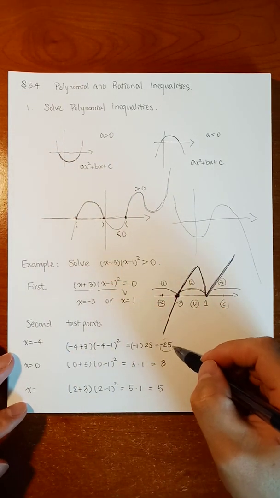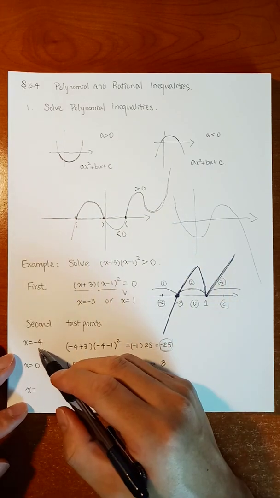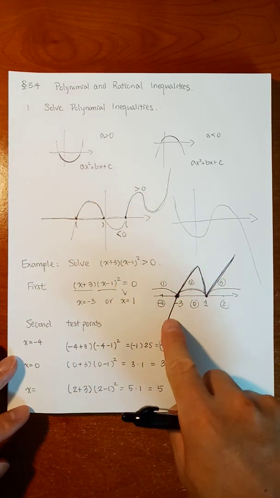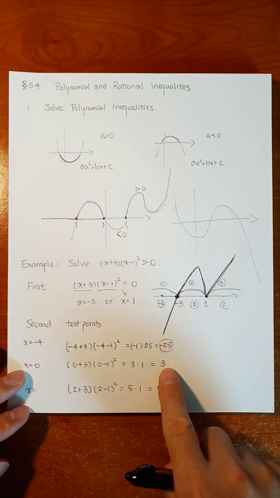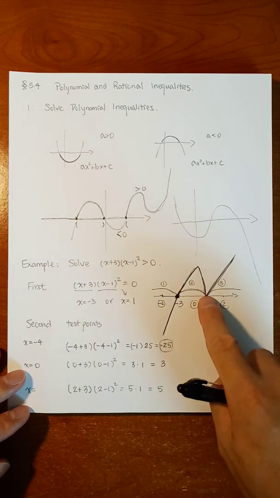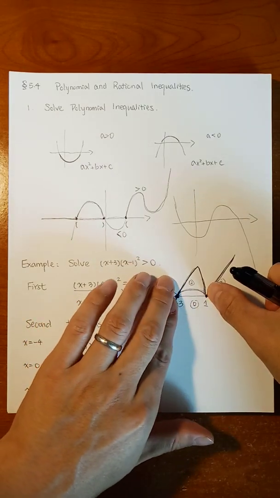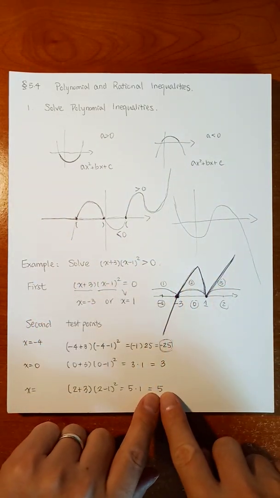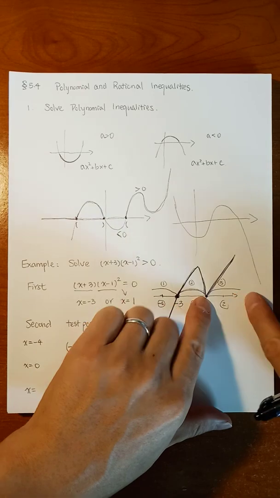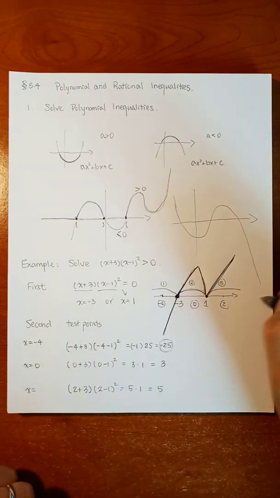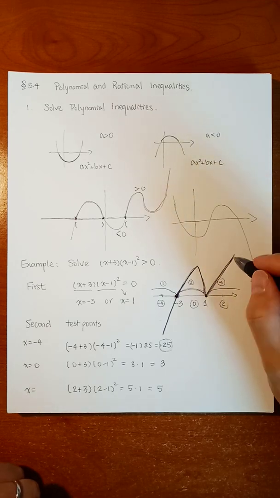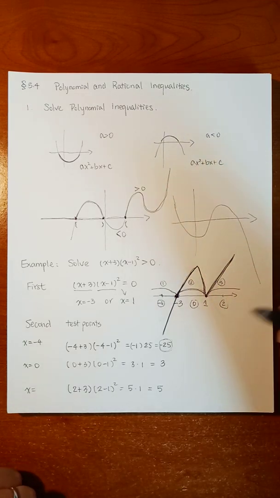Once you get this evaluation and the sample point is negative, it implies the whole graph will be negative. If the sample point evaluation is positive, it means over the whole subinterval, the graph will be positive. This part is 5, so over the whole interval the graph will be positive, because on the right side there's no zero, no solution, so you don't have to bend it down.